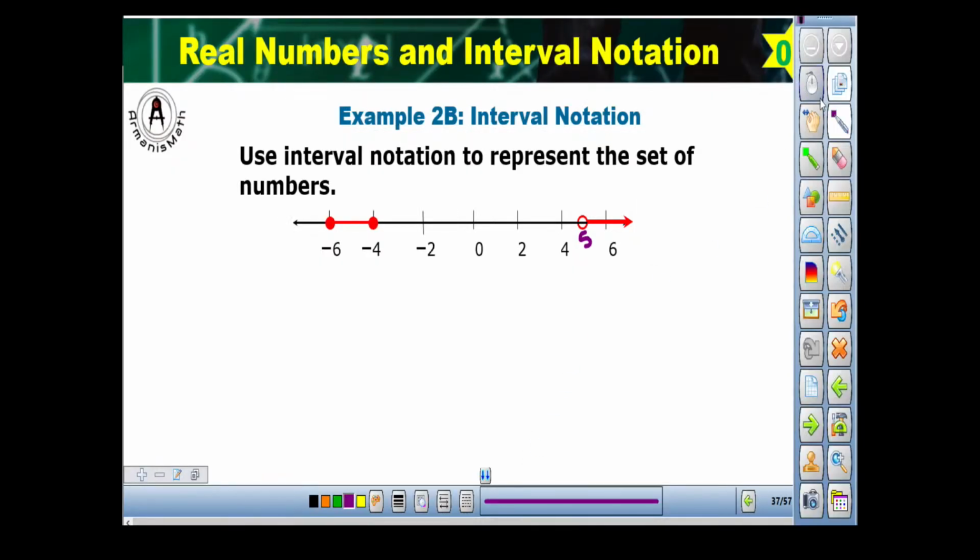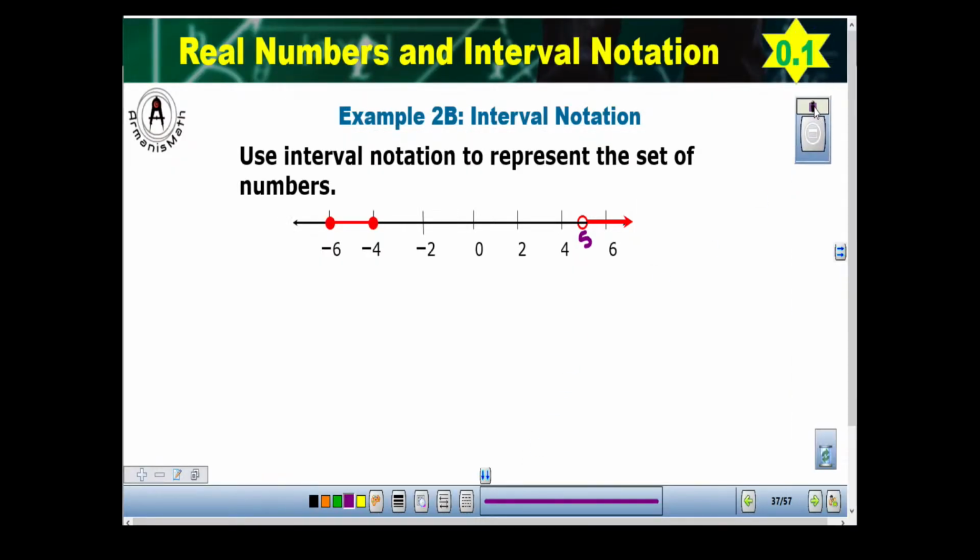Okay. How would I write this in interval notation? Well, do I use parentheses or brackets? In your chat, please. Do I use parentheses or brackets for this? Yes, you've got to use brackets because you're saying you're including the value.